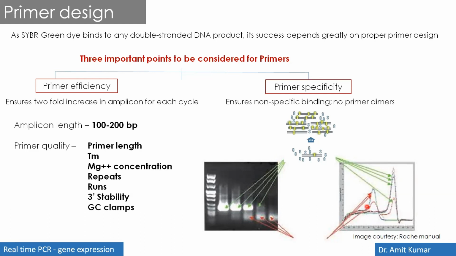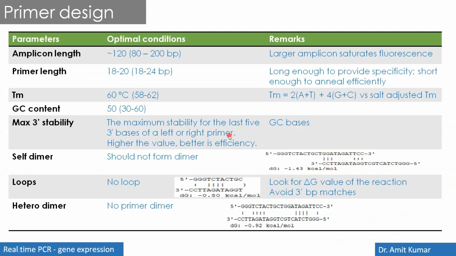That total fluorescence can be coming from your dimer or the non-specific binding, or it can be coming from your gene of interest. If it is coming from your gene of interest, it is well and good. That is your target. But if it is coming from non-specific binding or the primer dimer, that is a cause of concern. That is why we first and foremost have to look into what kind of primer we have been using for the gene expression studies.